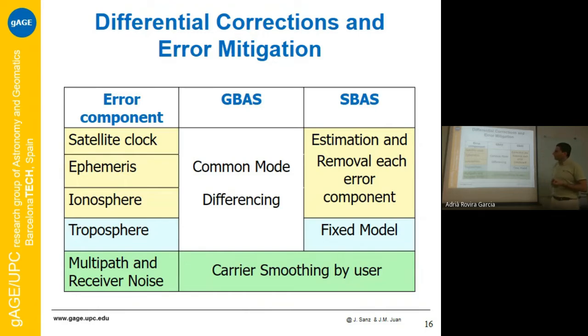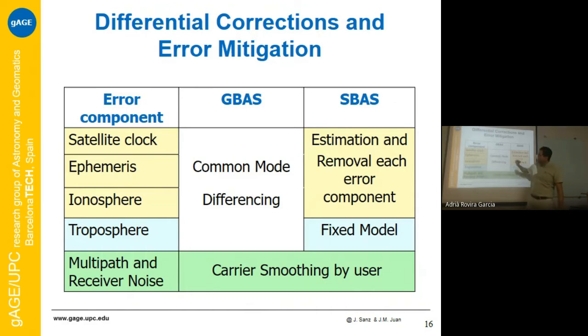And basically, we will be talking about GBAS and SBAS. First, we will talk about the ground-based augmentation system, and later we will complement it with SBAS. In this slide, you can see how we tackle, how we remove different error components on the signal, like in the lecture we saw earlier this morning, where we have different models.